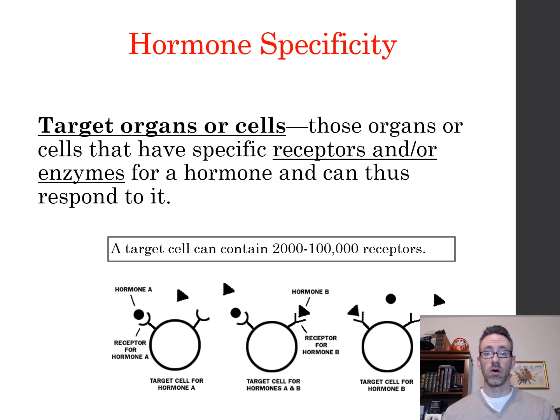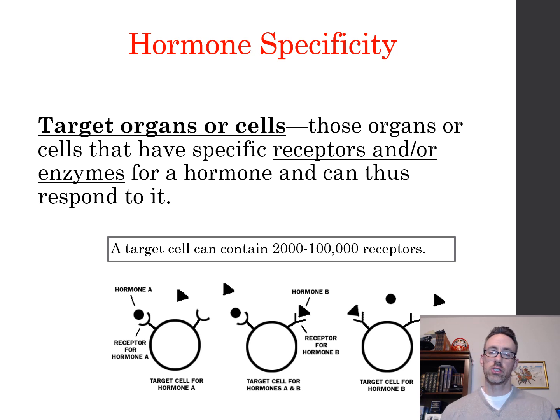In some cases, most cells may have a receptor to a particular hormone. For example, thyroid hormone interacts with many, many different types of tissue, whereas others may be more specifically targeted. That target becomes specific based on the receptors on the surface of those cells. So again, they'll have these specific receptors, or enzymes, for a hormone and can thus respond to it.